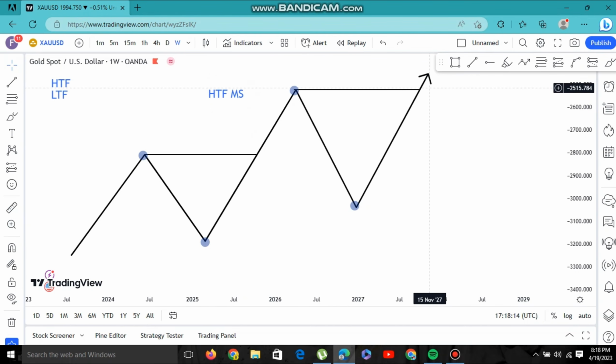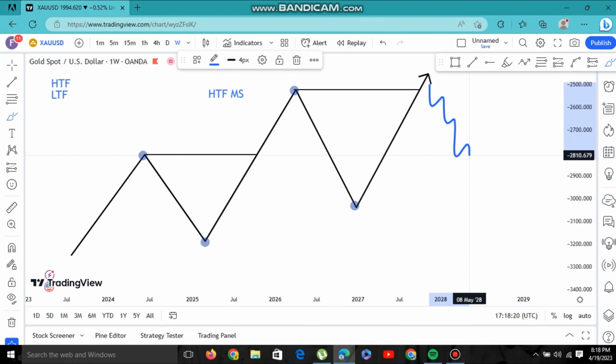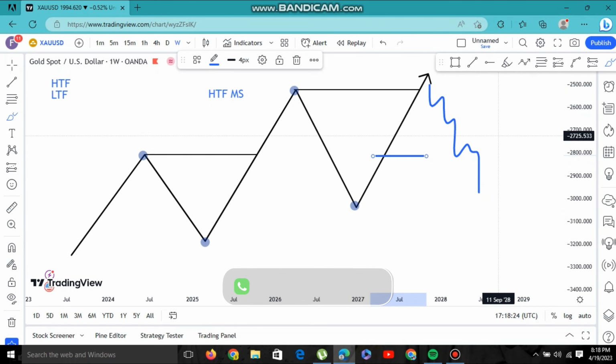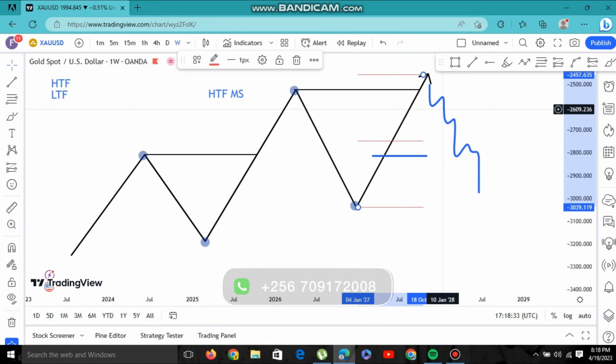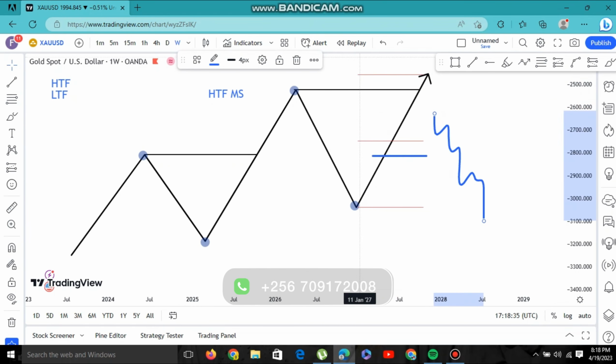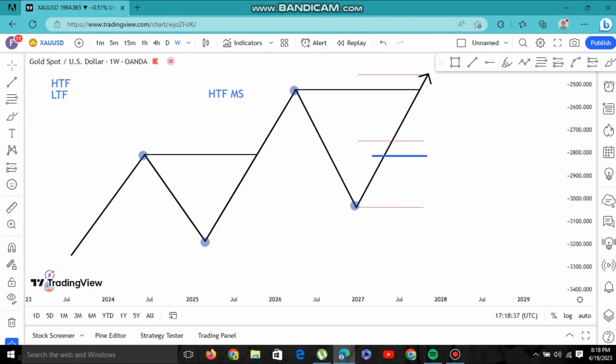First, I can look for shorts in here because I already expect this pullback to come in till at least anywhere below 50% of my Fibonacci. If I put my Fibonacci here, then I'll have to see the market go below here.